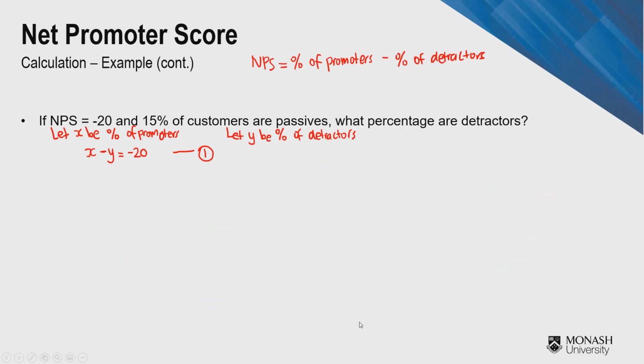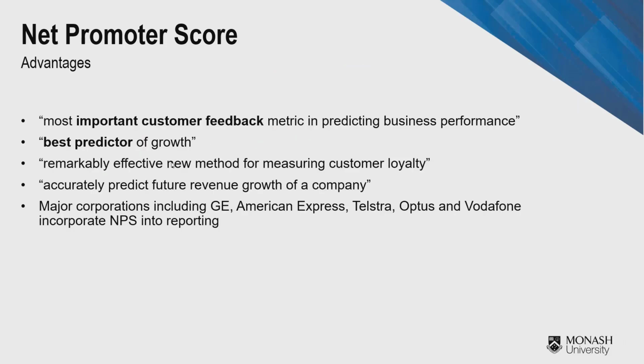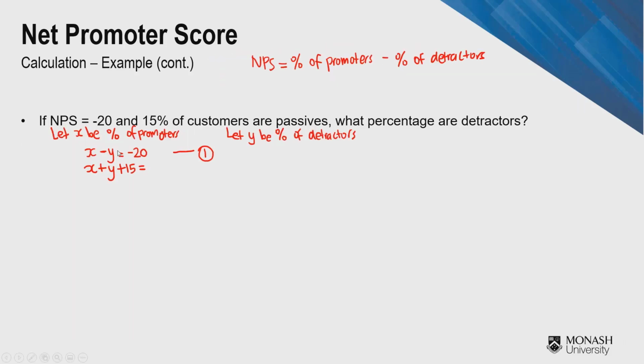So you need to make sure you get this 100%. How? We know that if we add up our X, our Y, and 15, it will give us 100%. Exactly. So this will be equation number 2.